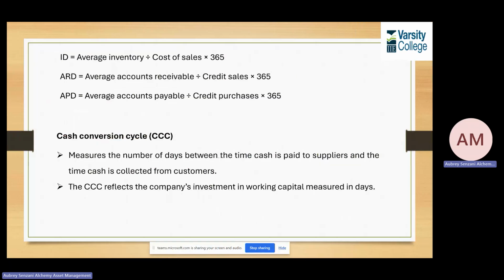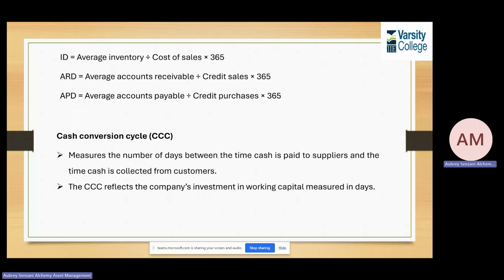Anyway, ID is inventory days. To calculate your inventory days, it's your average inventory, so last year's inventory plus this year's inventory divided by 2, then divided by your cost of sales times 365.